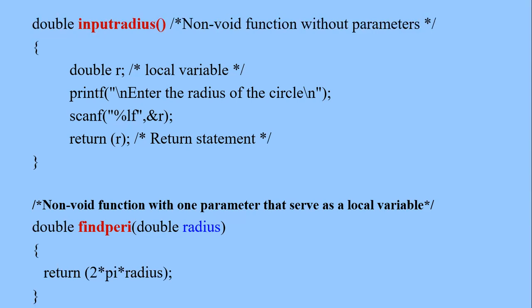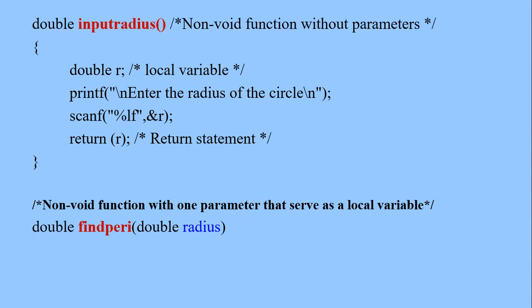My dear students and the rest of the learners, when you find a parameter like this one, like int radius, and not just radius, it simply means that the value here is the same value that is in the main program. So the value here is being passed by reference.